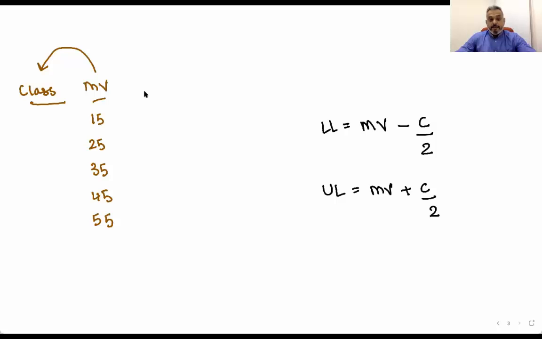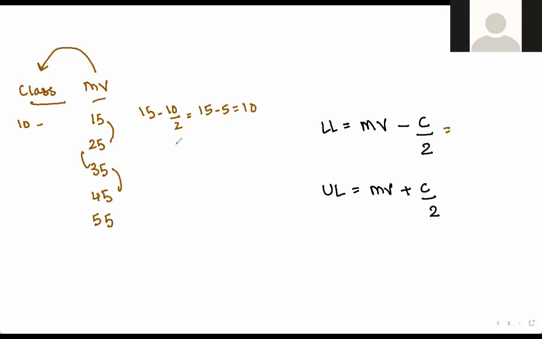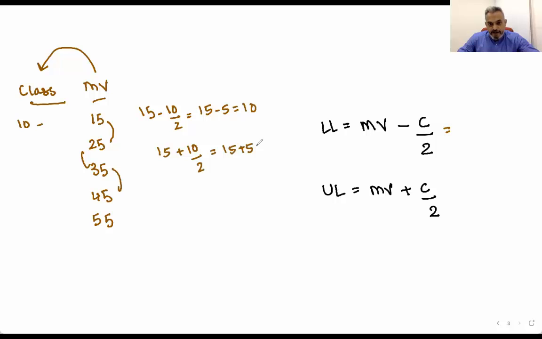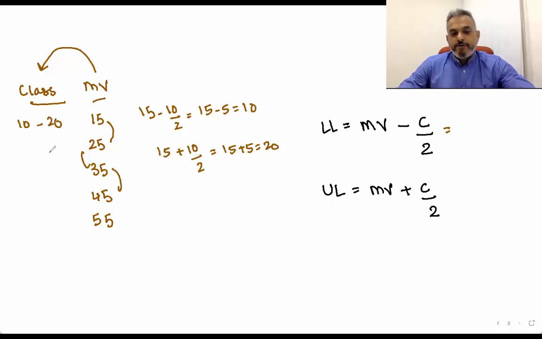Let's see कि ये वर्क हो रहा है कि नहीं. हमारे केस में लोअर लिमिट फाइंड करना है, तो मिड वैल्यू इज 15 माइनस क्लास लेंथ 10 डिवाइड बाय 2 which is equal to 15 minus 5 which is equal to 10. अपर लिमिट क्या आएगा? 15 plus 10 divided by 2 which is equal to 15 plus 5 which is equal to 20. So 10 to 20.